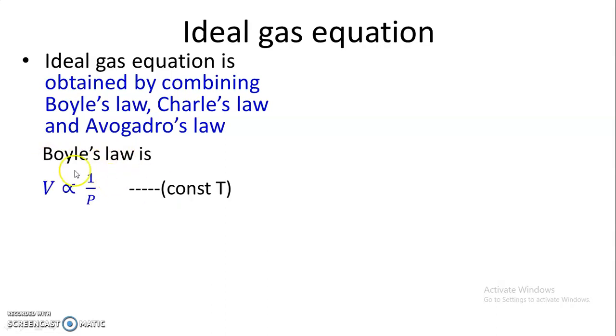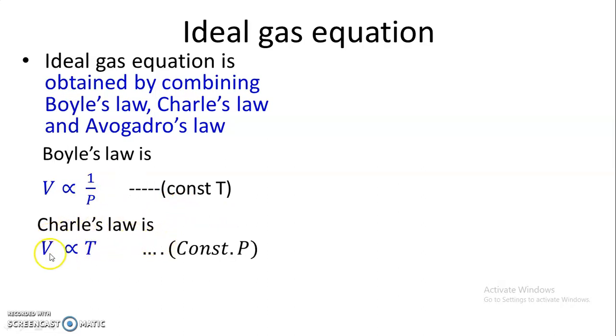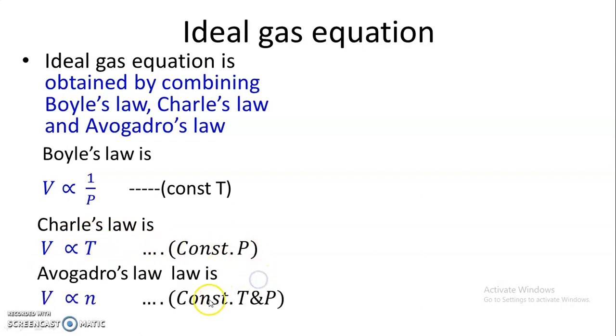So this is Boyle's law: V is inversely proportional to P at a constant temperature. According to Charles' law, volume is directly proportional to absolute temperature at a constant pressure, and according to Avogadro's law, volume is directly proportional to the number of moles at a constant temperature and pressure.